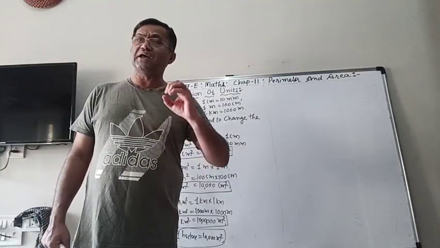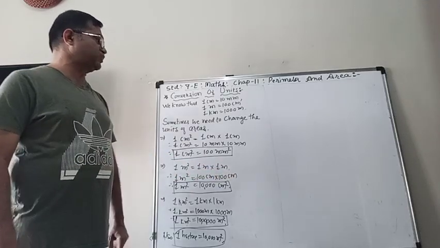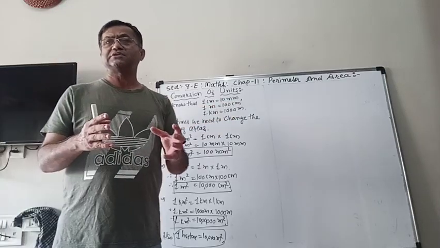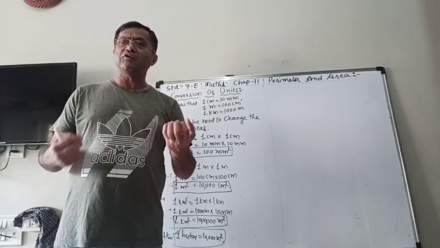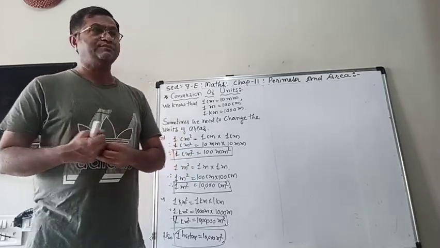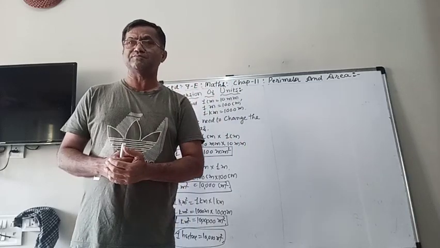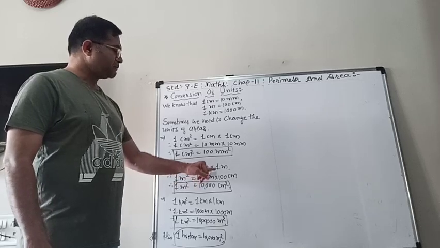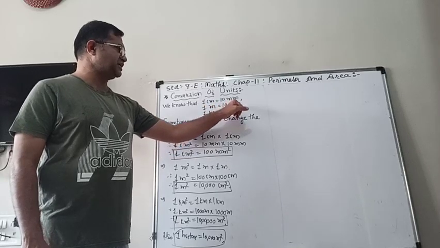Now let us understand the other one, from meter square to centimeter square. We know that 1 meter is 100 centimeter. If we want to convert 1 meter square into centimeter square, we follow the same method. 1 meter square is 1 meter multiplied by 1 meter, and 1 meter is 100 centimeter.